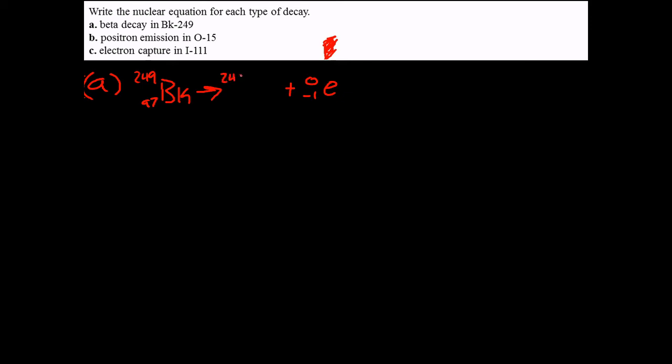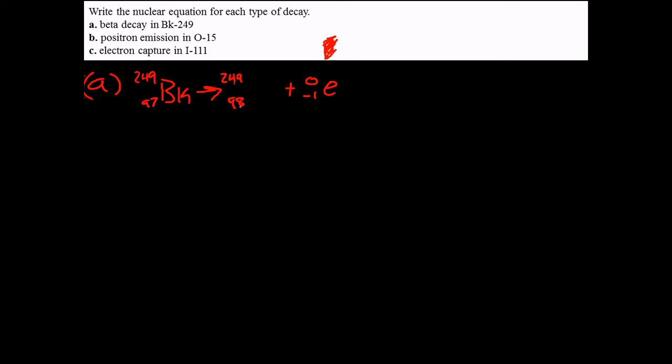The mass number is not going to change, because remember, the mass number only changes with alpha decay. The atomic number is going to change, though. So we lost an electron, so that means that we are going to turn a neutron into a proton, which means we're going to have 98.